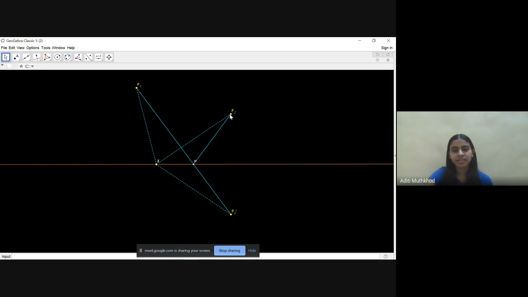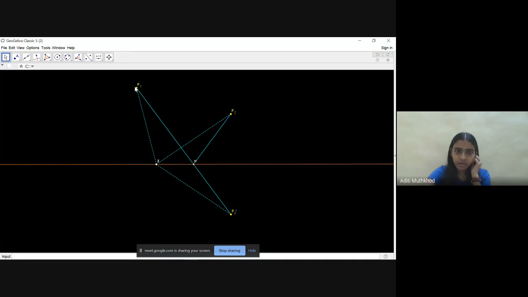you replace f2 by its reflection f2 prime, because it's just a reflection, so pf2 is equal to pf2 prime.